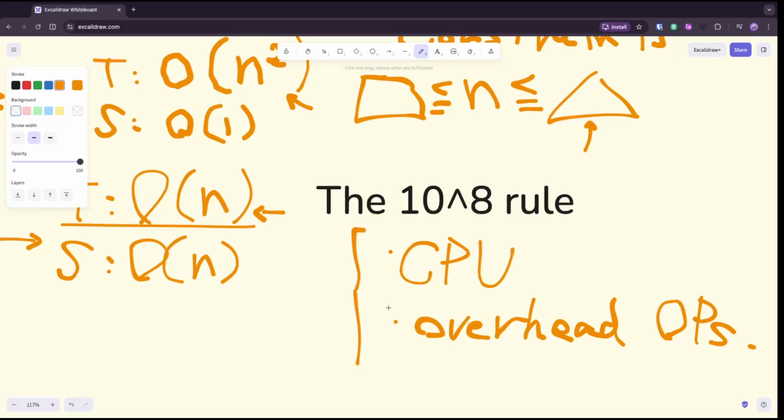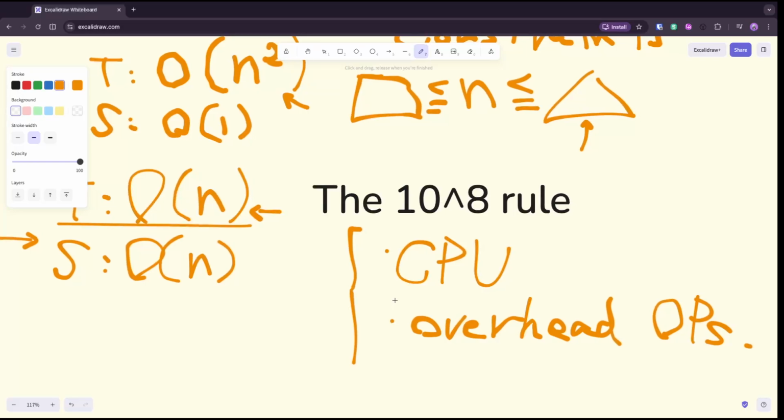The rule can be used to check if an algorithm will pass within a standard 1 second time limit.